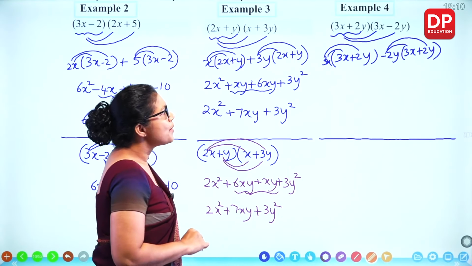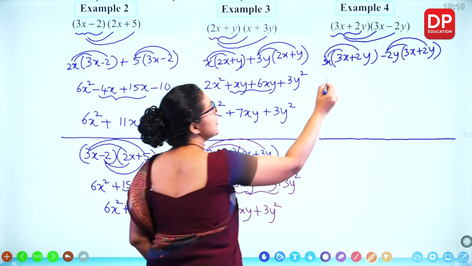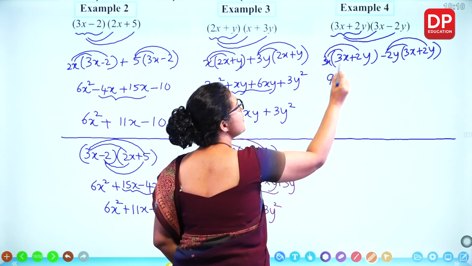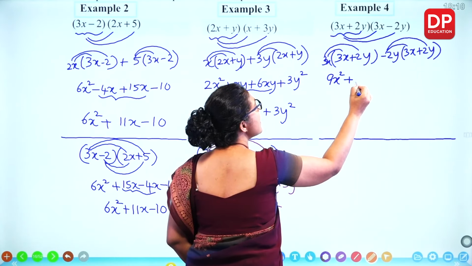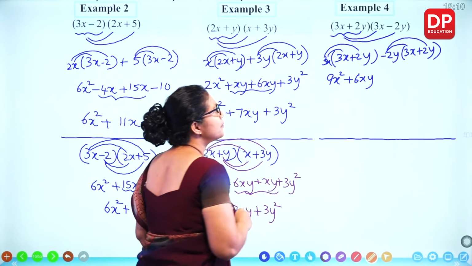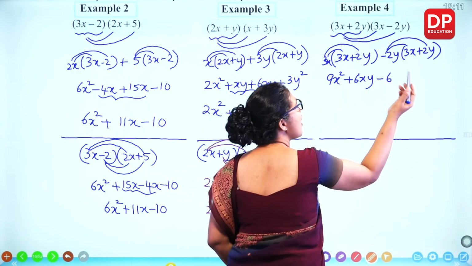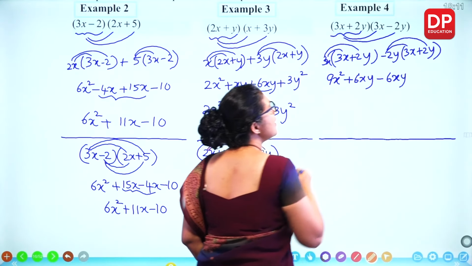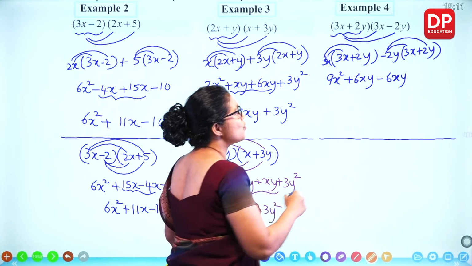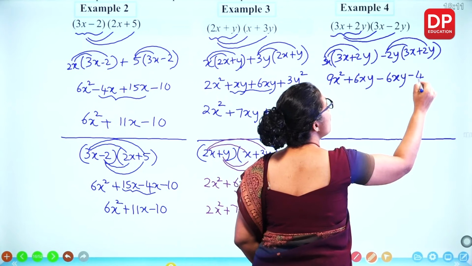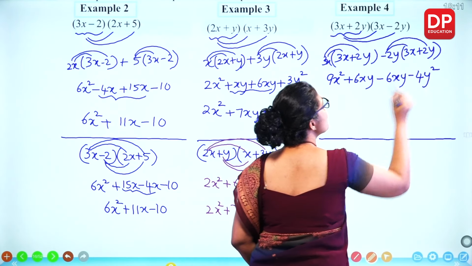So what do you get? 3x times 3x, 9x squared. 3x times 2y, 6xy. Minus 2y with 3x, minus 6yx or xy. Minus 2 times plus 2, you get minus 4, y times y becomes y squared.